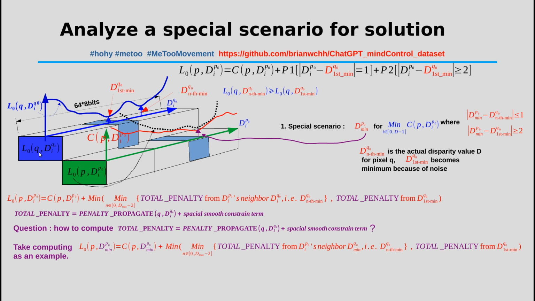Should be Q0, sorry, I made a mistake. Should be Q0 because this is pixel Q0, and Q0 and Q1. Anyway, you understand it. It's not just Q, it's Q0 here. Otherwise, if you use Q to represent neighbors, then you have 8 neighbors here. Q0 is specified as that neighbor.